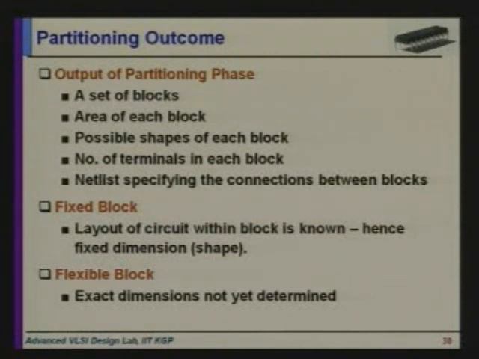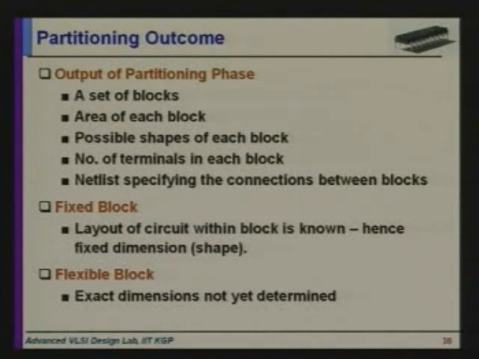The outcome of the partitioning phase gives me a set of blocks, the area of each block, possible shapes of each block, number of terminals in each block, and the net list specifying the connection between blocks. Now, what is a fixed block?